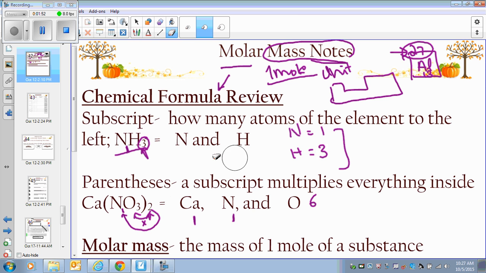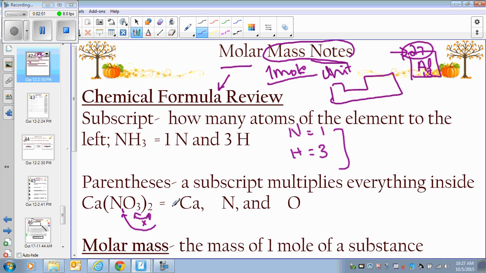Make sure you understand how to count these atoms: 1 calcium, 2 nitrogens, 6 oxygens. So this is how you count the atoms.